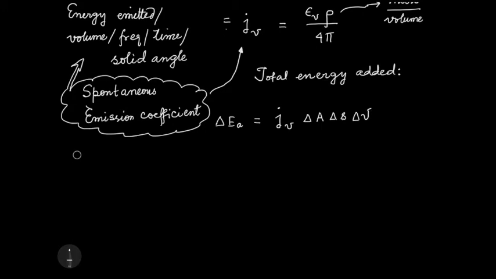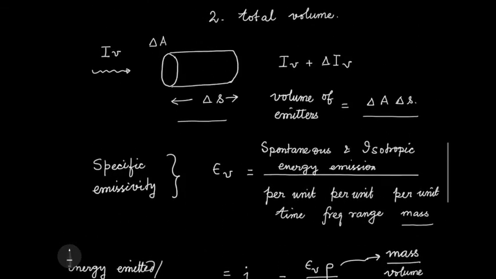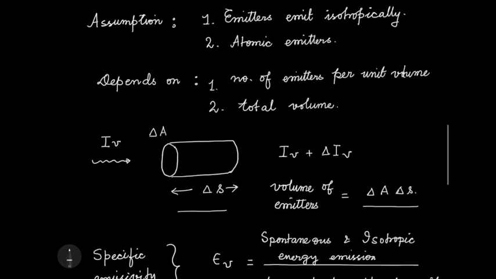Per unit frequency, so if the frequency interval is delta nu, then in that frequency interval this much is added. If the time interval is delta t, in that time interval this much is added. And finally, I have to multiply by the solid angle. So this is the energy added. This energy added will give rise to the excess intensity over here, right?